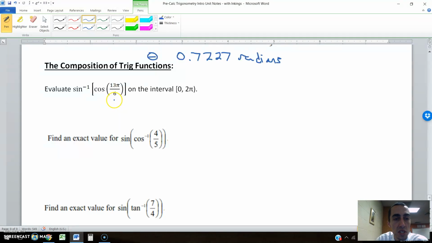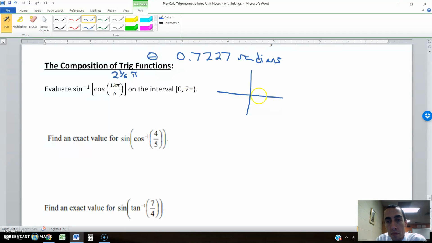Cosine of 13 pi over 6. So this 13 pi over 6 is not an angle that we see often. It is an angle that's more than 2 pi. In fact, it's 2 1/6 pi. Now normally our standard circle only goes up to 2 pi. So think about it this way.